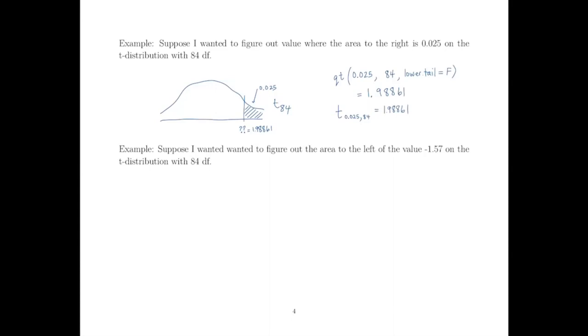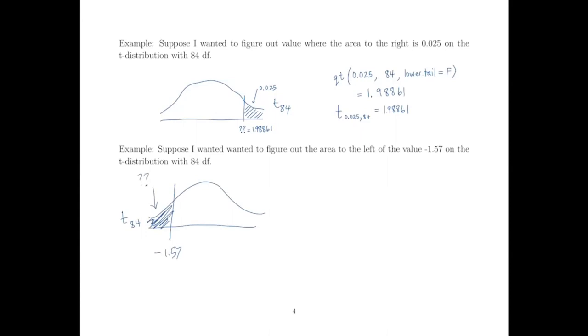The other thing that you might want to do is figure out the area to the left of a particular value. So I'll draw the t distribution with 84 degrees of freedom. Then I'm going to plot on my value minus 1.57, which is going to fall to the left of the mean. I want to work out the area to the left, so I want to work out this area here. That's the unknown.